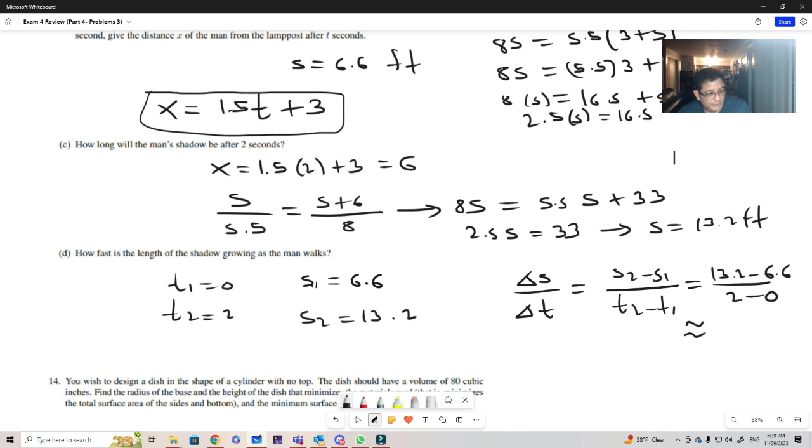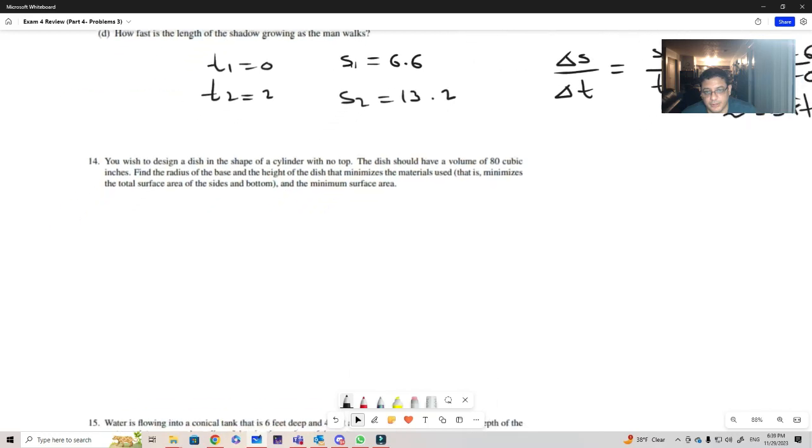And if we compute this in the calculator, this will give us 3.3 feet per second. Remember, the top is a measure of feet, the bottom is a measure of seconds, so that's why the rate of change is in units of feet by units of seconds, or units of length over units of time.